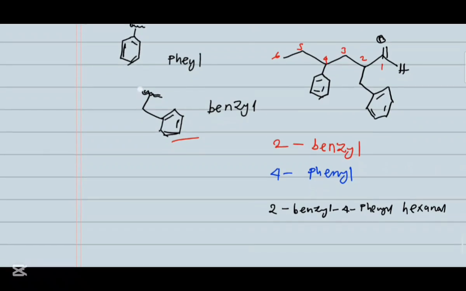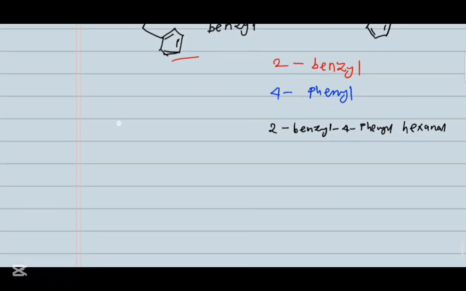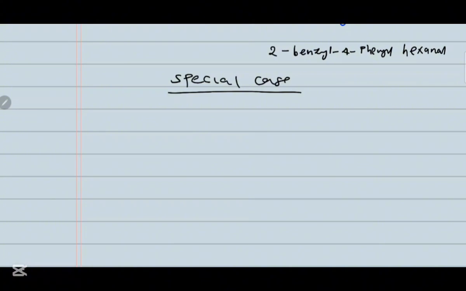But there's a special case which we also need to be familiar with. Here you may be provided a structure like this. And they ask you how you can name this aldehyde.